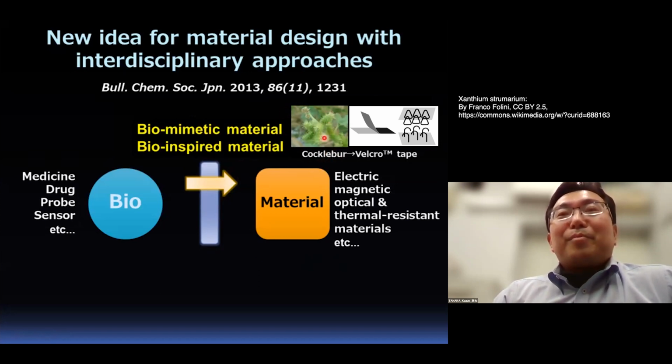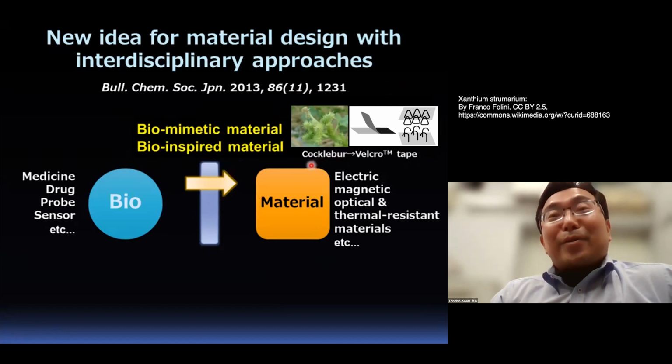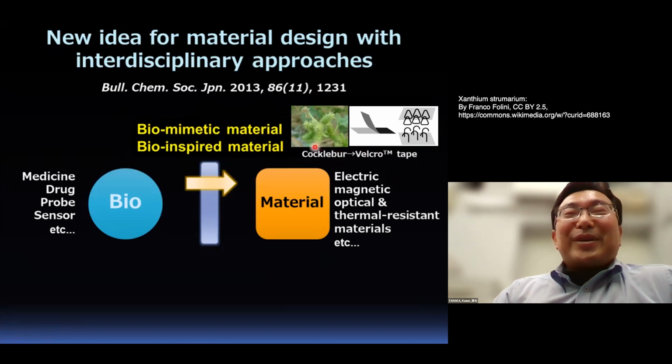Based on the behavior of natural products, we can obtain very unique and highly functional materials. For example, there is the plant kokurubar, which we call hitsukimushi in Japanese.